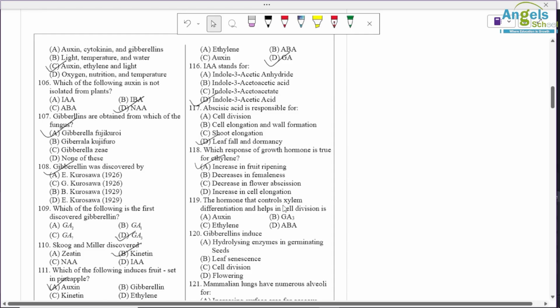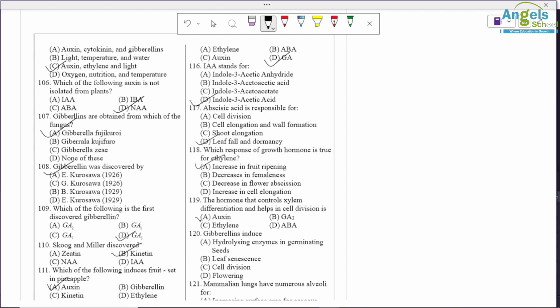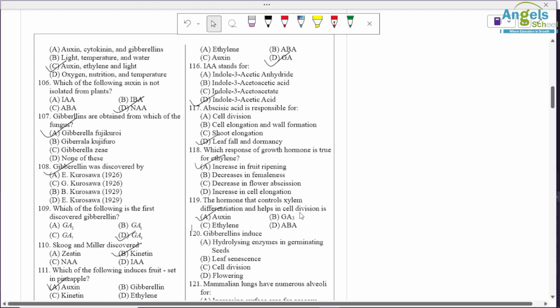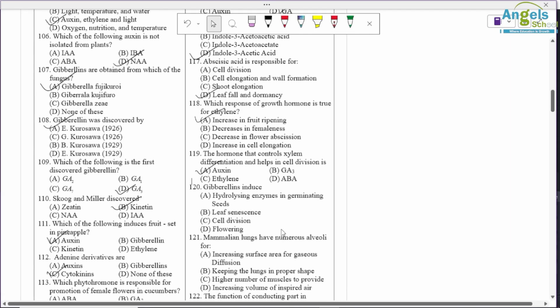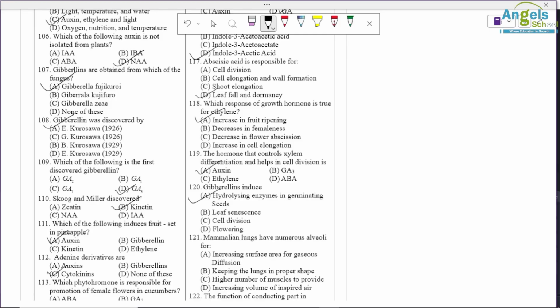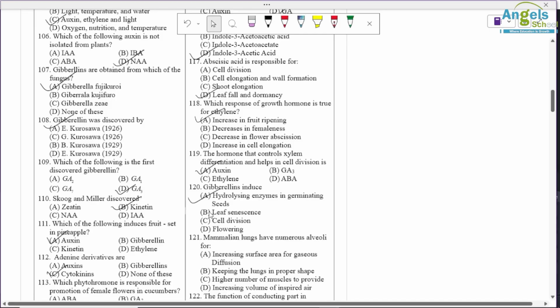The hormone that controls xylem differentiation and helps in cell division is. So for xylem differentiation, auxin is responsible. Gibberellin induces. So gibberellin induces hydrolyzing enzymes in germinating seeds, or seed germination is increased by gibberellin.